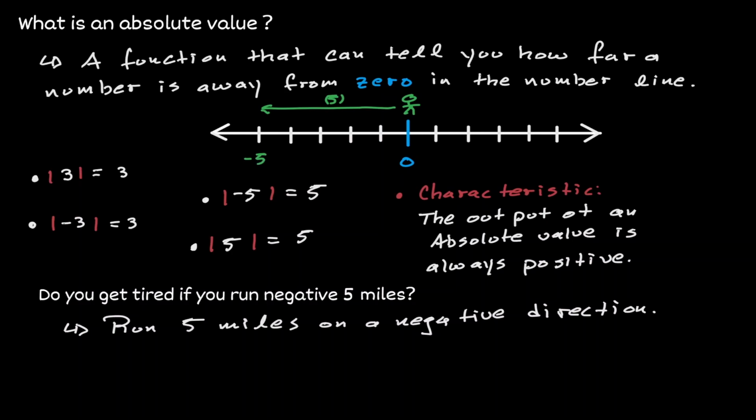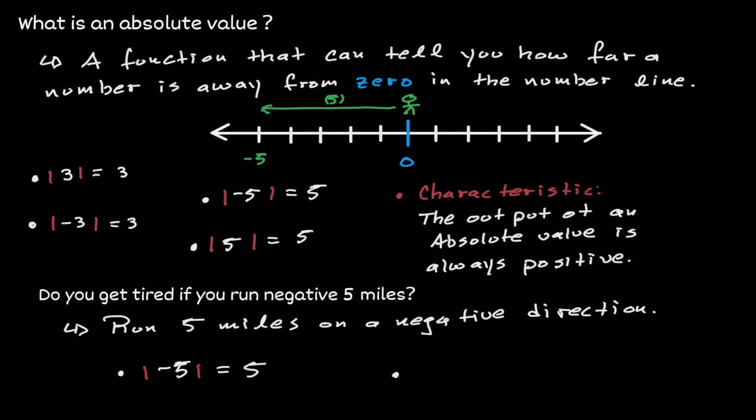And one way to represent the distance that we travel is by saying that we're going to take the absolute value of negative 5, which is equivalent to 5. So the outcome is the distance that we travel. The number that we place inside the absolute value is the location in the number line.